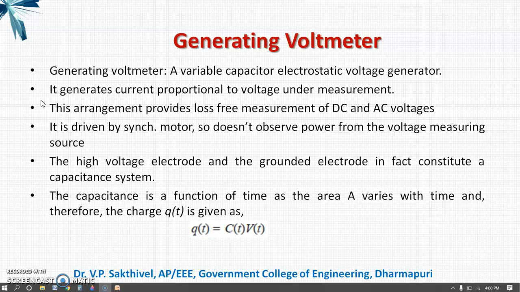This arrangement requires a synchronous motor, and the high voltage and grounded electrodes constitute a capacitance system. In general, the charge stored in a capacitor of capacitance C is given by this equation.